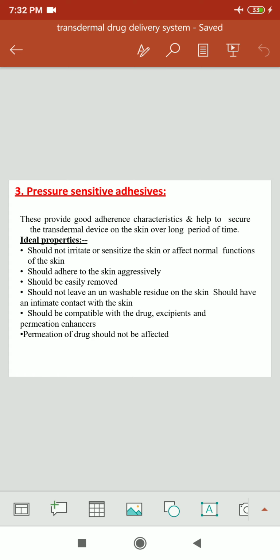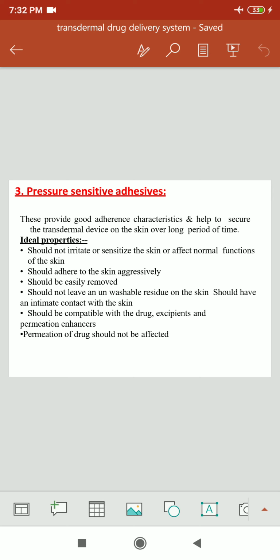Now, pressure sensitive adhesive. This kind of material is used. These provide good adherence characteristics and help to secure the transdermal device on the skin over a longer period of time. Pressure sensitive adhesive means the adhesion between the patch and skin is due to this, and it gives good adherence property.